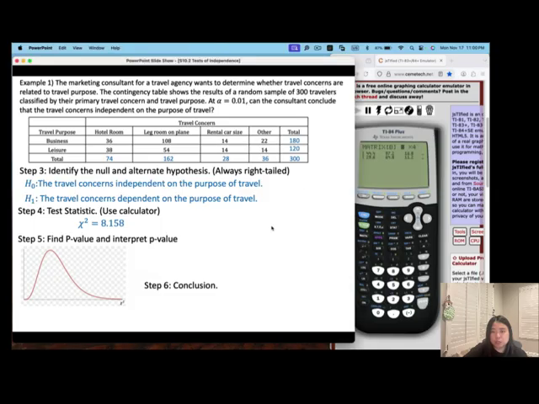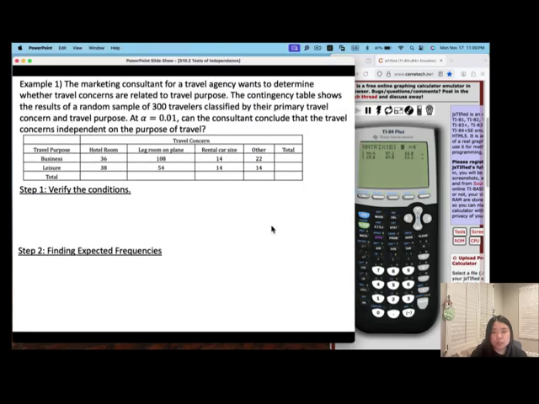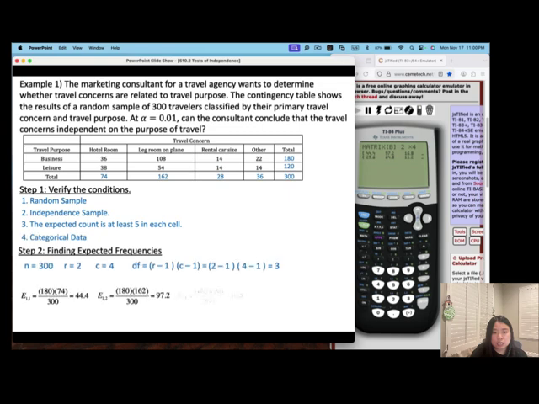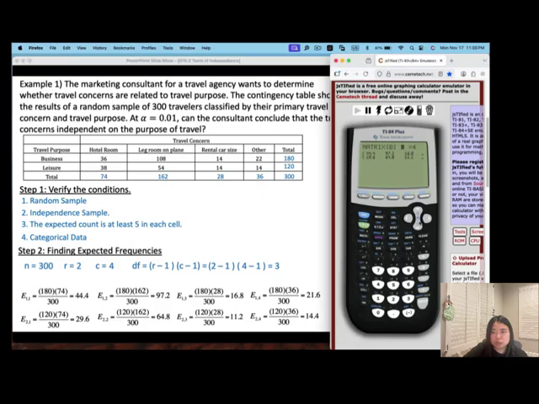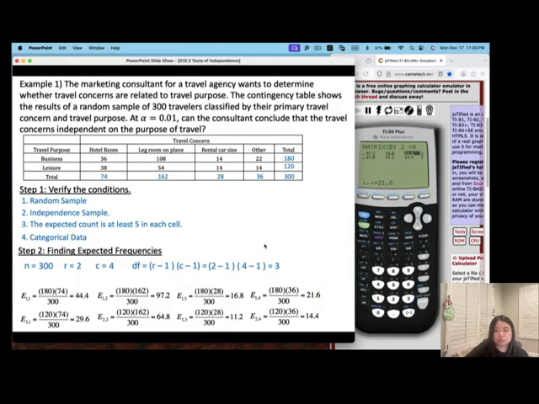So this number you can check with your expected frequency. Okay, 44.4, 97.2, 16.8. You can go down, 21.6. Okay.